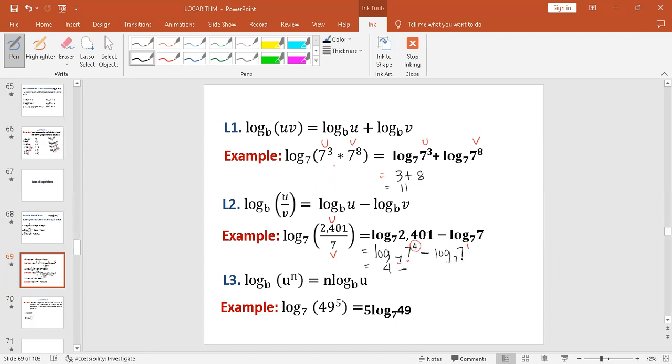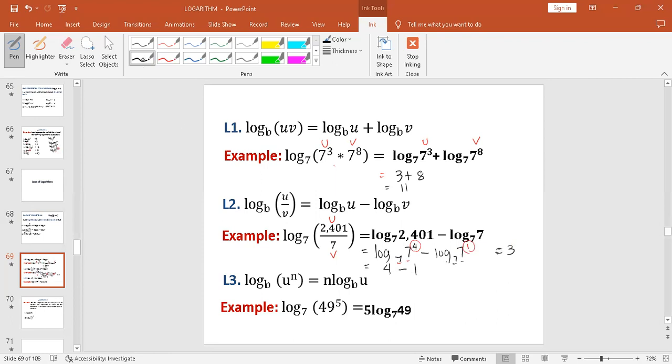Log of 7 raised to 1 to the base 7. They have the same bases. So the answer is 1. That's the exponent. So 4 minus 1 is equal to 3. Okay, so in example number 2, the answer is 3.